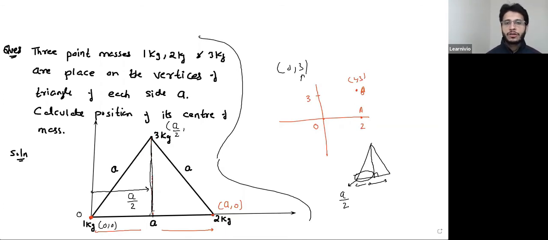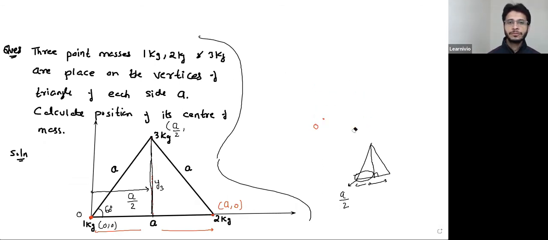How much is the y coordinate? Fazil, can you tell me how much y3 is in terms of a? We can apply trigonometric functions. Let's say this angle is 60 degrees.